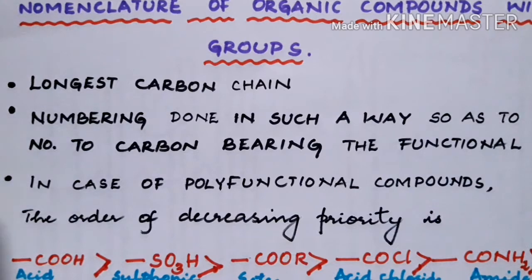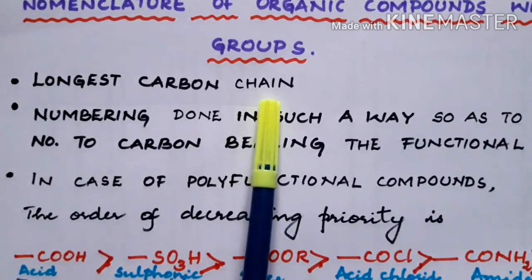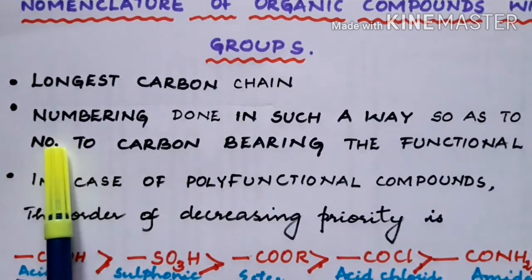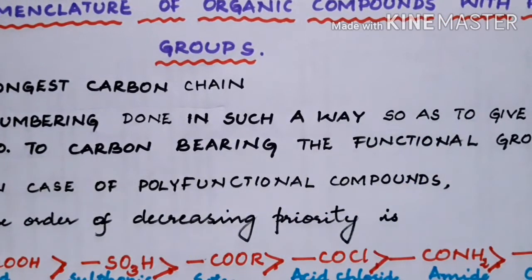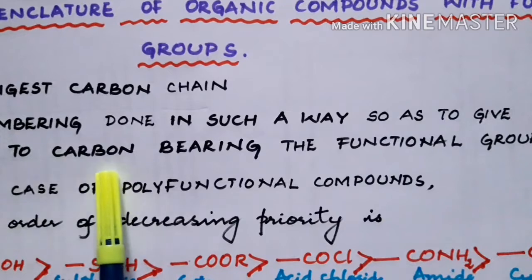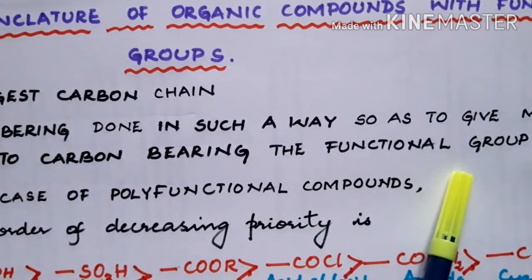First thing, find out the longest carbon chain and number it in such a way as to give the minimum number for the carbon bearing the functional group.